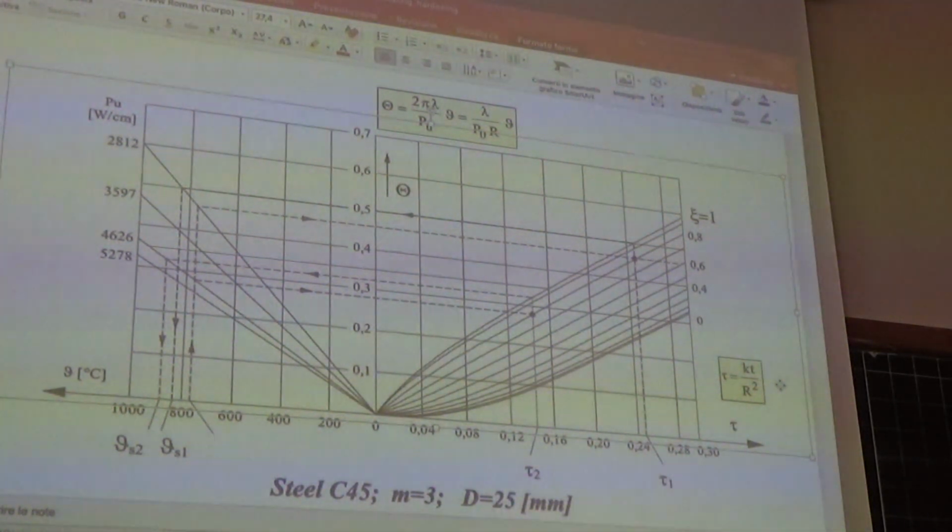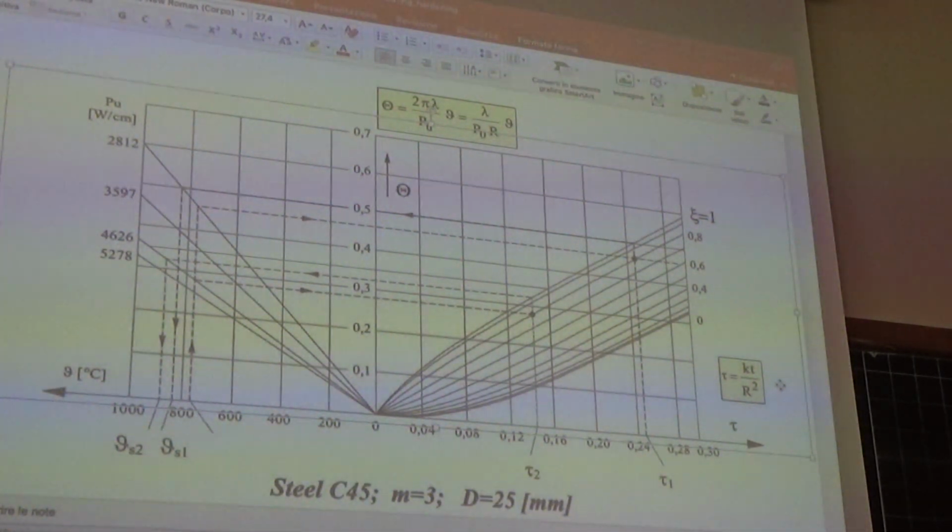They use a low parameter of n because it is quite easy to manage the temperature through the layer instead of having an exponential.